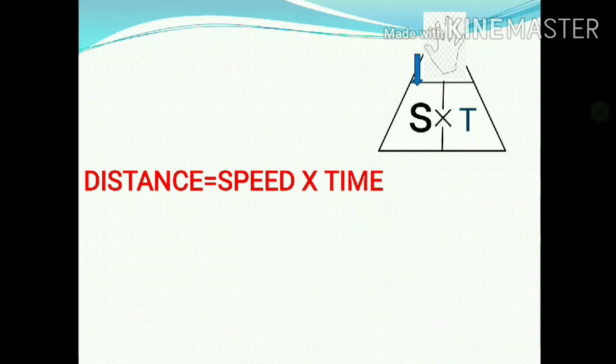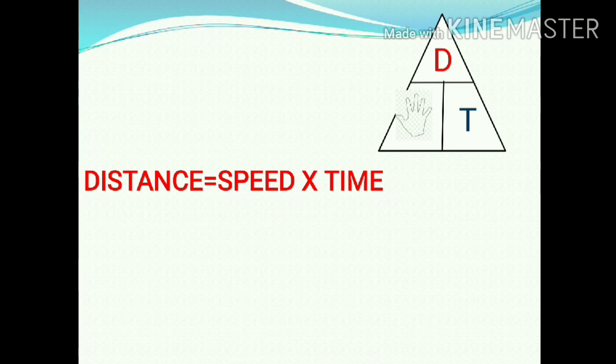Similarly, if you have to find the formula of speed, then hide S and you will be left with only D and T and there is a line in between them. So the formula for speed will become D by T, distance divided by time.